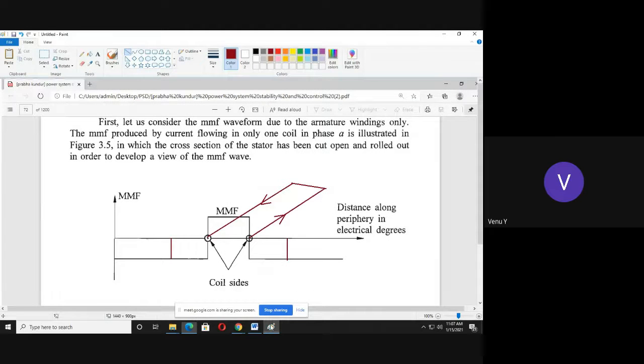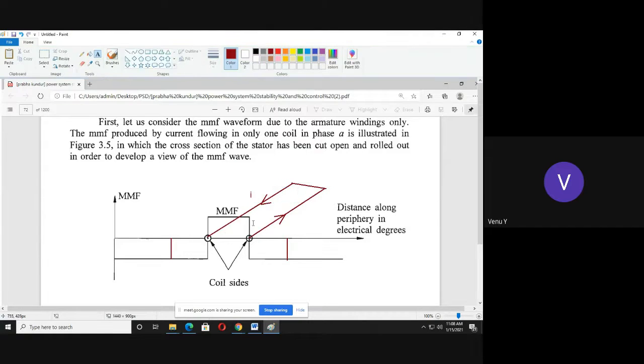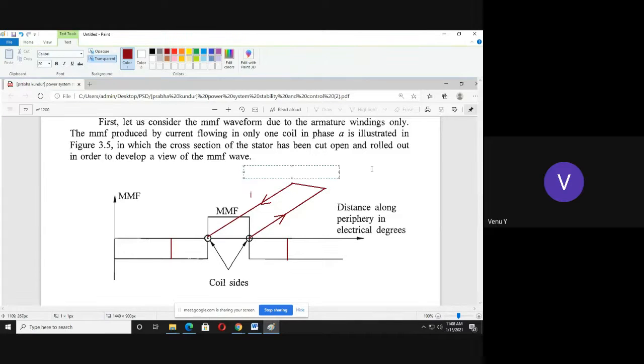Here the current direction, this is the current I. N is the number of turns, so let us have N equal to 1.